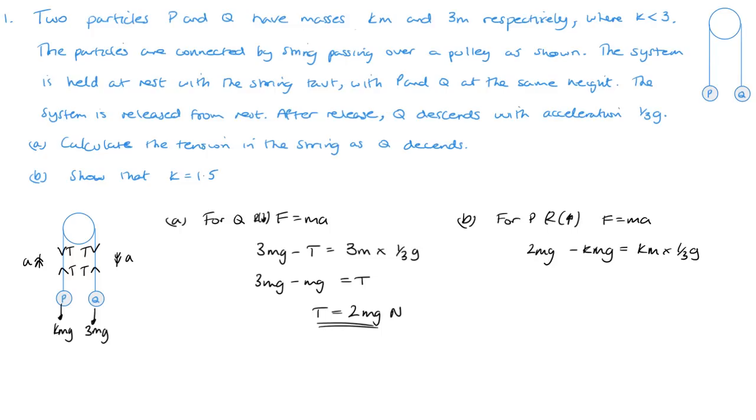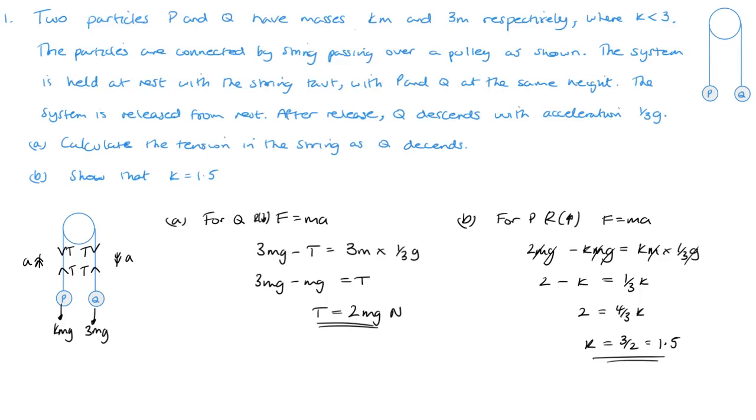So we've got m's throughout, so we can cancel the m's. We've got g's throughout, so cancel the g's. So we've got 2 minus k equals 1/3 k. So 2 equals 4/3 k. So k equals 3/2 or 1.5. And that was what we had to show, and we've done that.